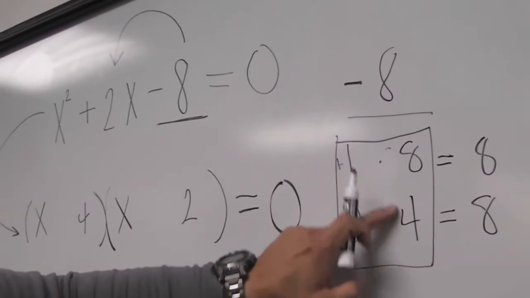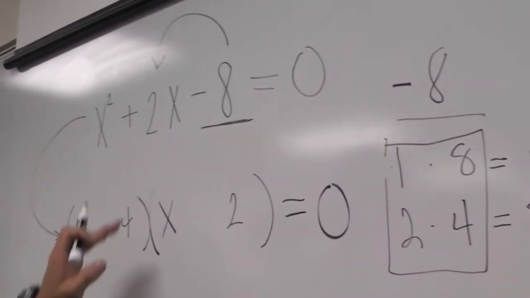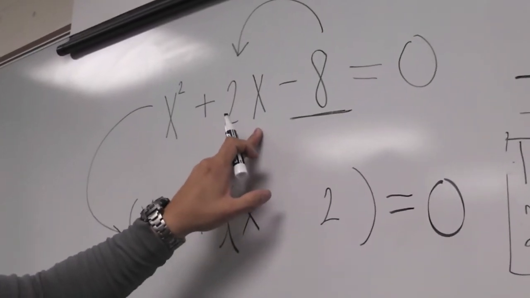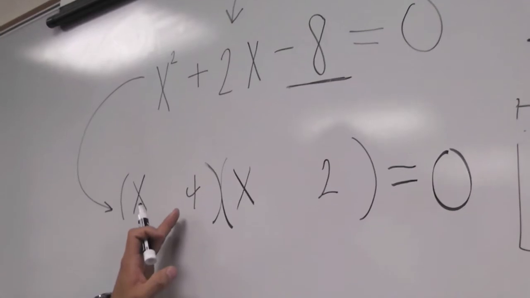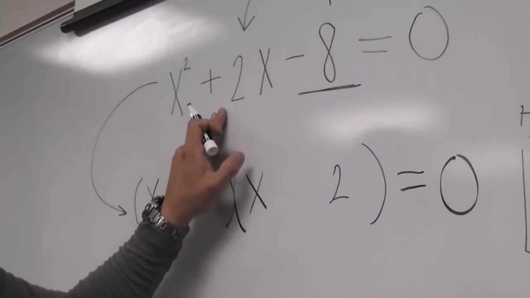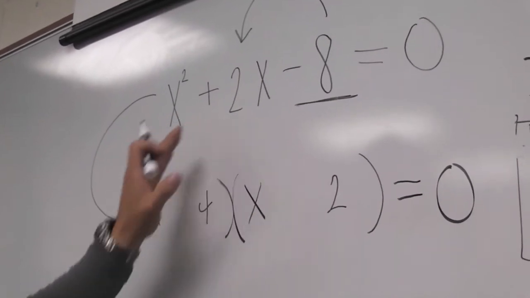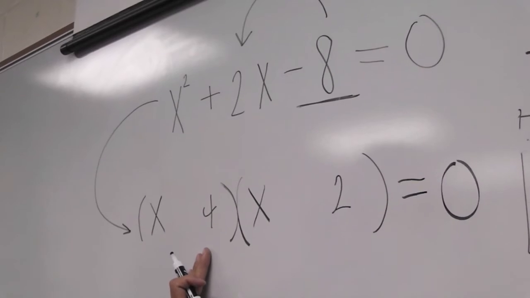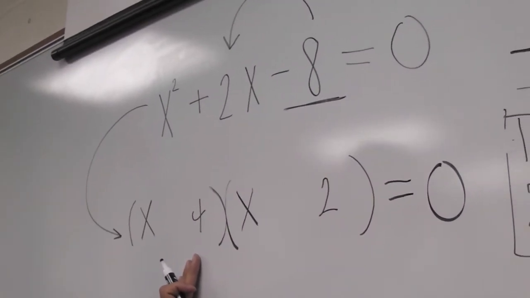So one way to look at it is that I need to make a positive 2. To make my positive 2, I have to understand that if I take positive 4 minus 2, I'm going to get a positive 2. And that's hard to understand because sometimes we get confused on where the pluses and minuses go. But if you do trial and error, and you do it enough times, you'll start to see it.